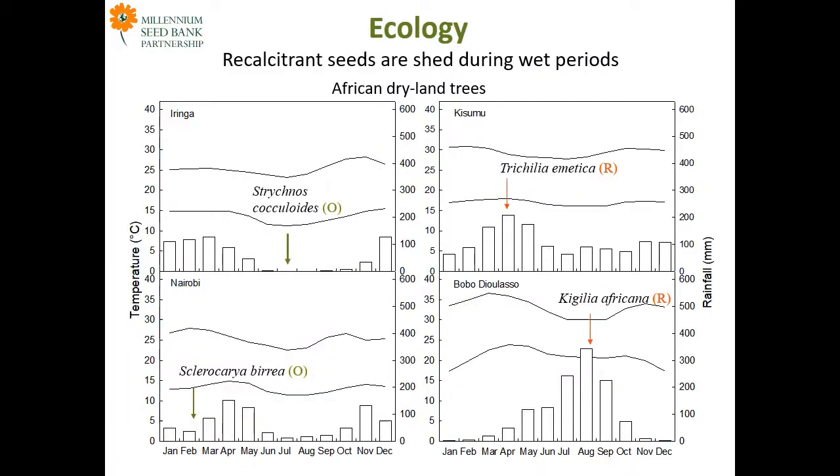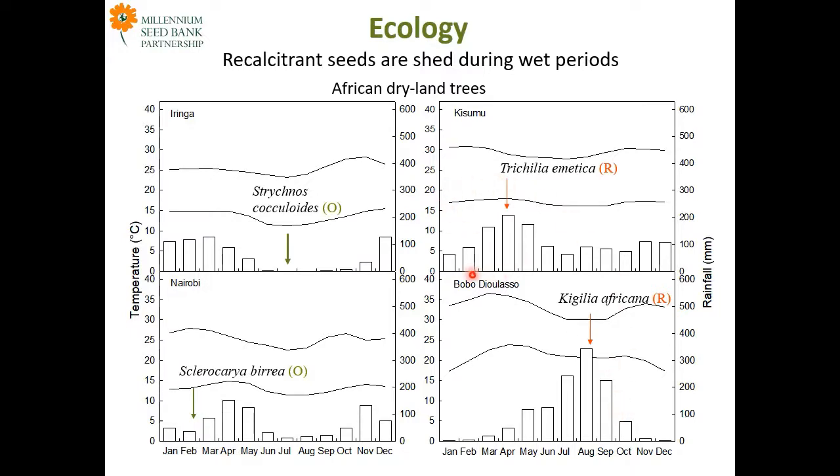In some instances, knowing the seed dispersal behavior of your target species can give you a bit of a clue over its seed storage behavior as well. Here we have 4 tree species found in the African drylands. 2 of these species shed their seeds during the wet season.